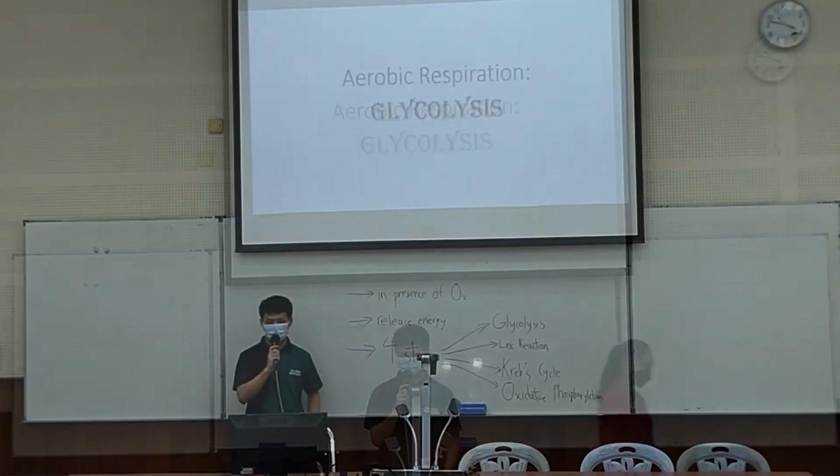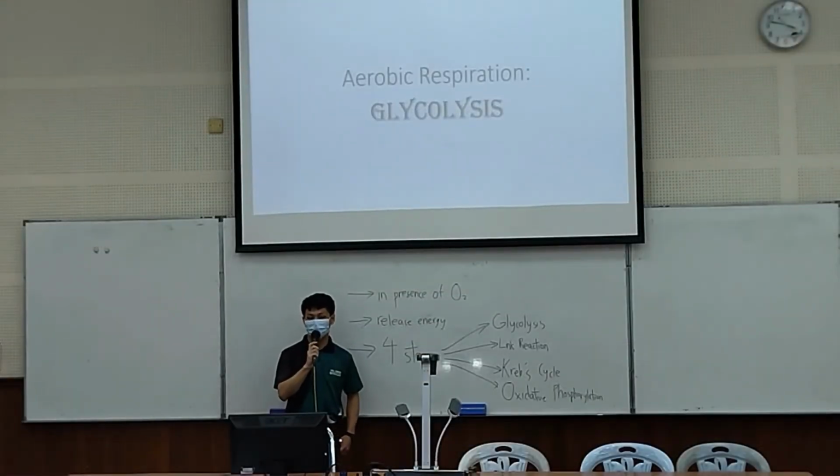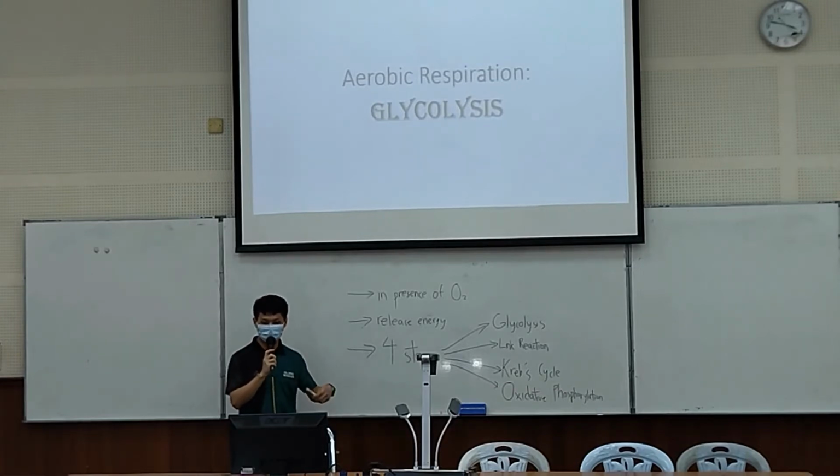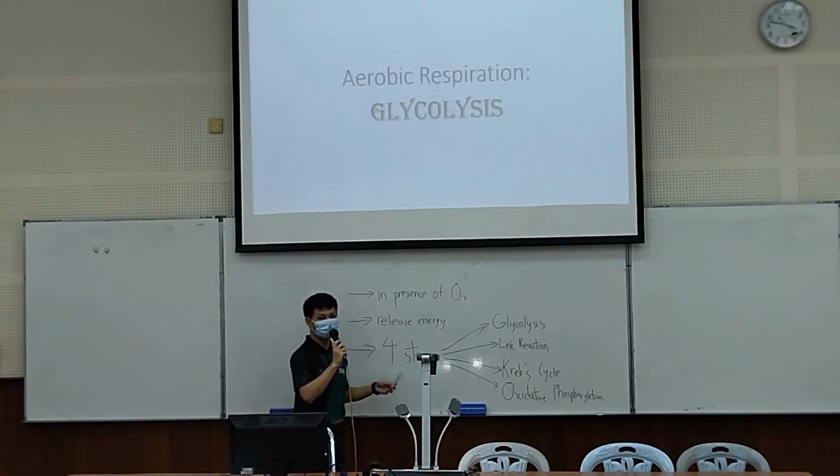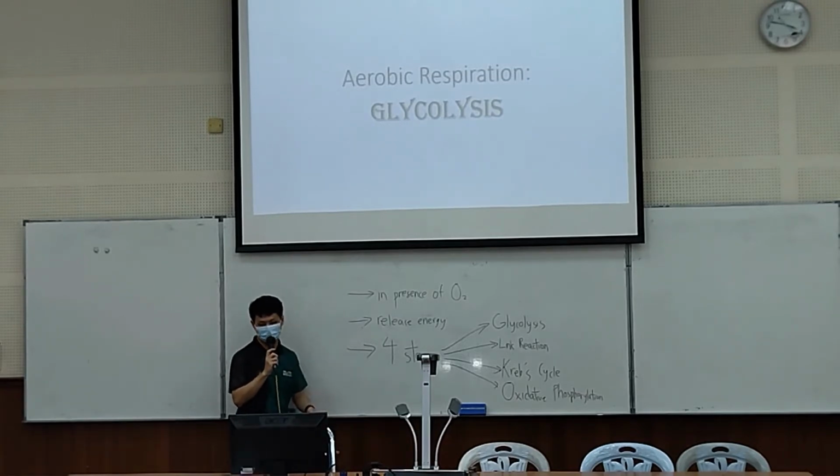Thank you, Darshan. So today we'll be mainly explaining what aerobic respiration is, and we are going to be touching on the glycolysis process. Before we get into glycolysis, let me briefly introduce what aerobic respiration actually is.